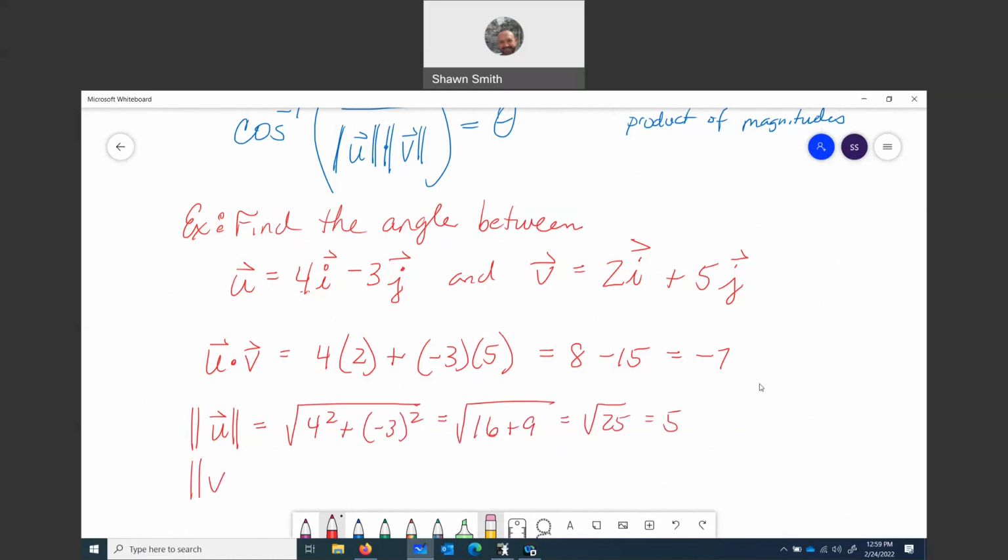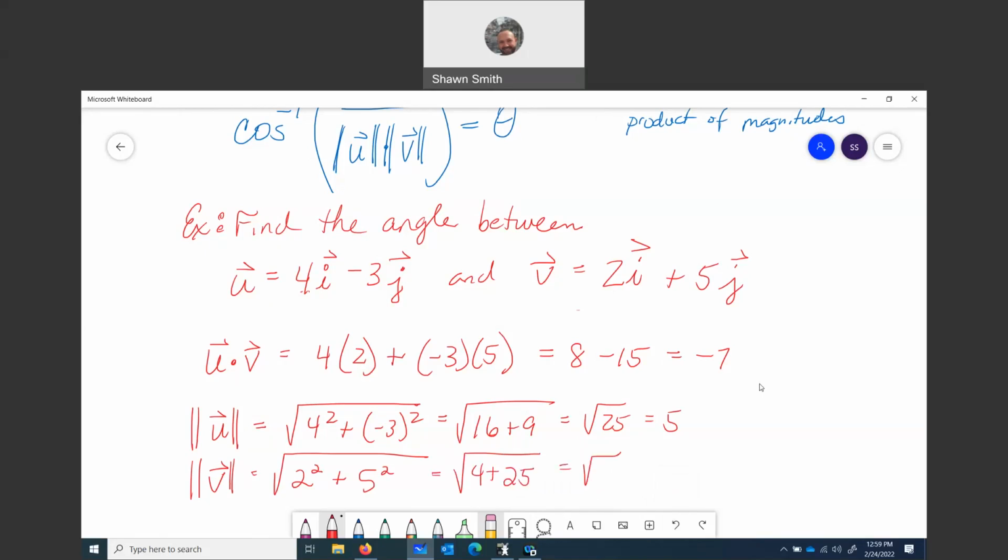Magnitude of v. 2 gets squared, plus 5 gets squared. That's 4 and 25. That's supposed to be a 25. There we go.